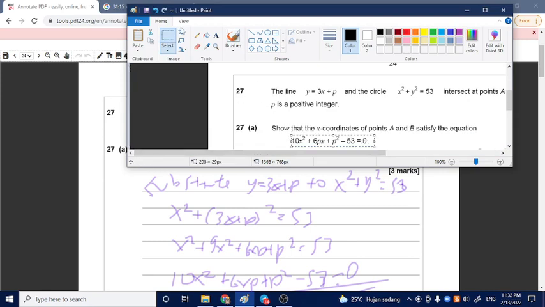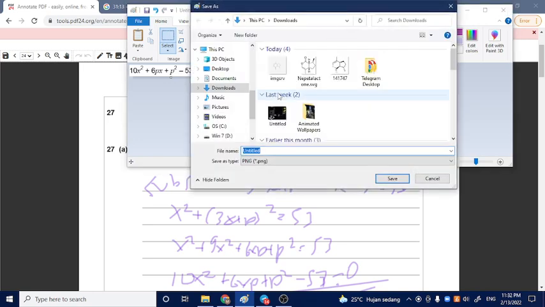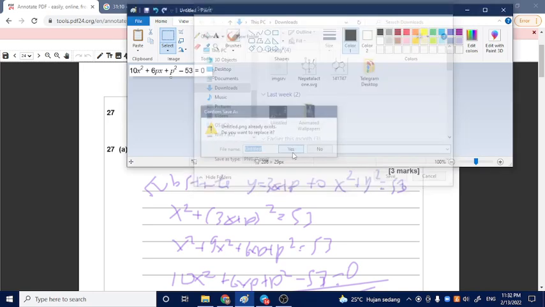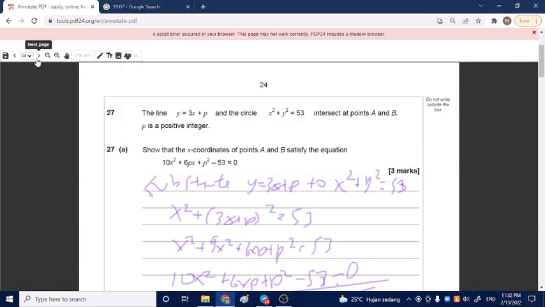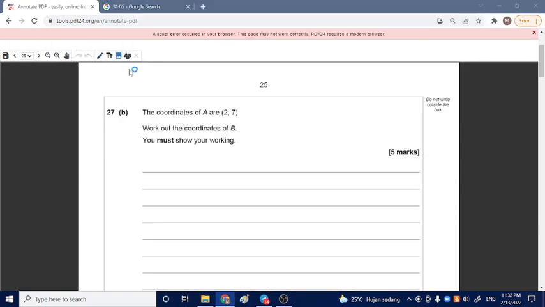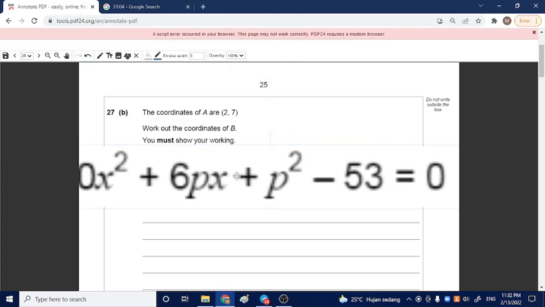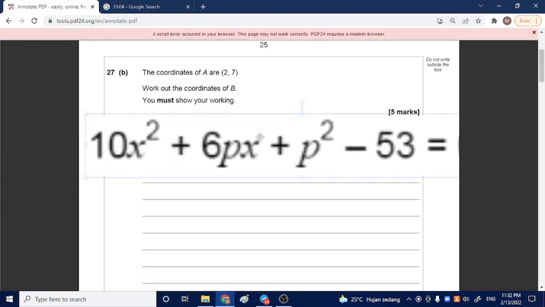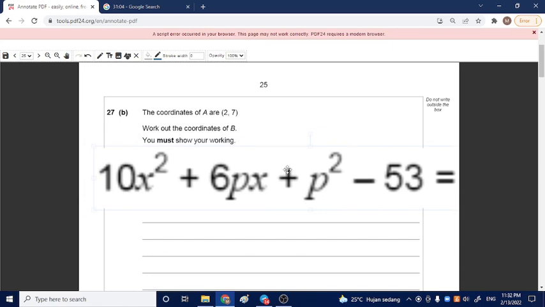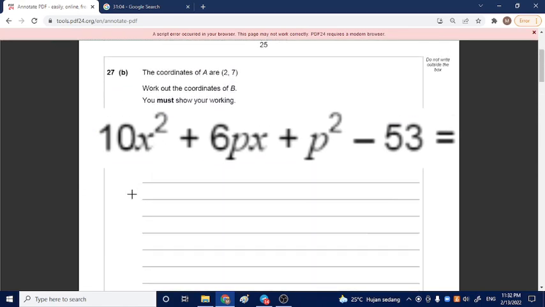Crop it, save, whatever. Next we add the picture. What's this? Alright. Oh wow, too large. Whatever. Let's just deal with it. Put in 10 times 2 squared plus 6p times 2 plus p squared minus 53 equals 0.